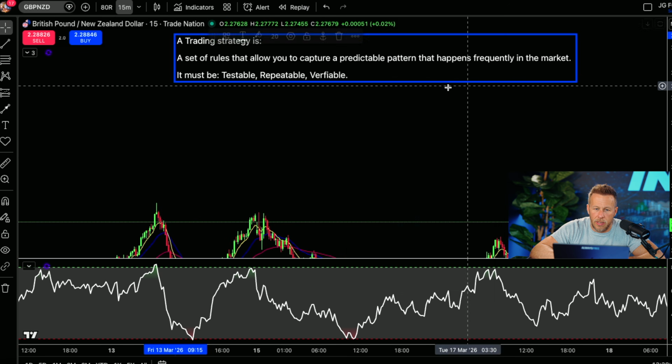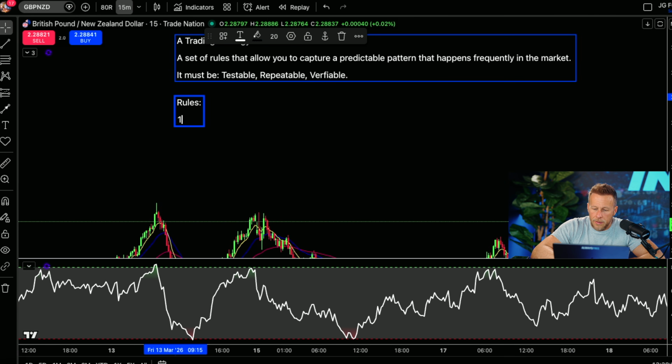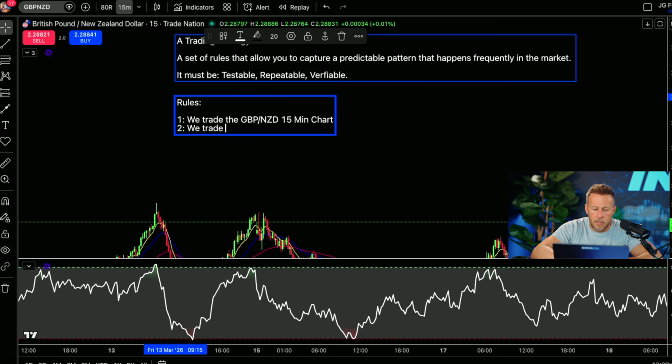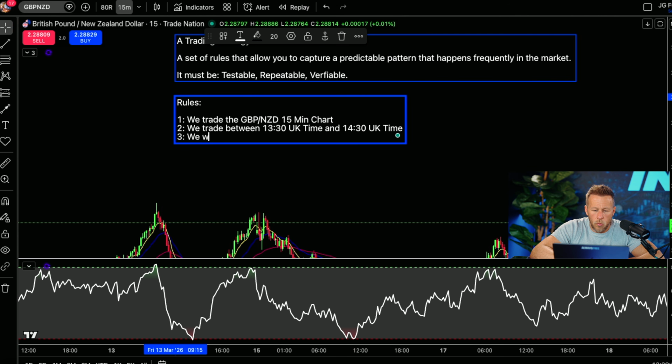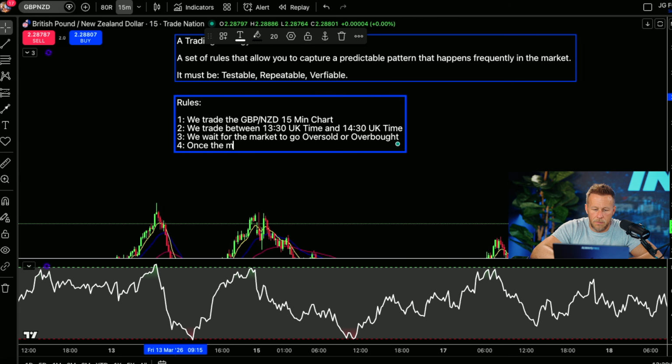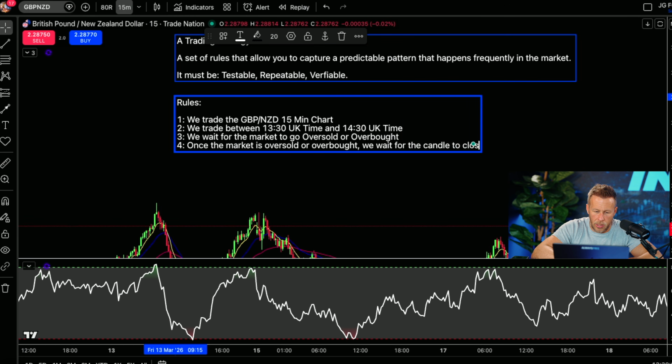I'm going to set up a new rule tab here. 1, we trade the GBP/NZD 15-minute chart. 2, we trade between 1:30 p.m. UK time and 2:30 UK time. 3, we wait for the market to go oversold or overbought. 4, once the market is oversold or overbought, we wait for the candle to close and enter next bar at market.